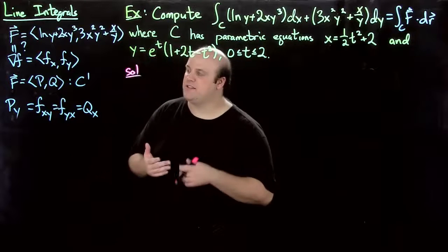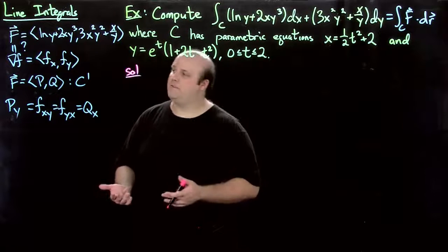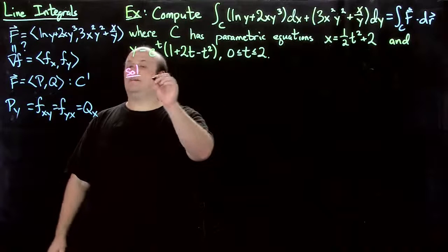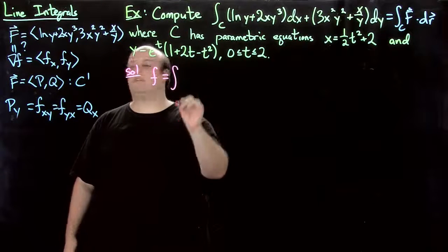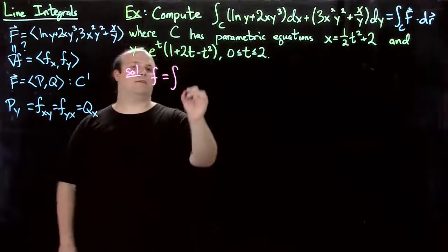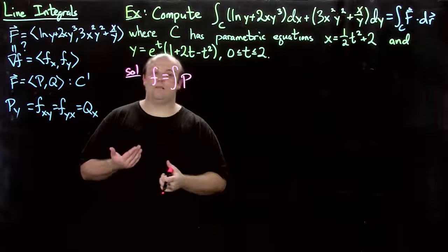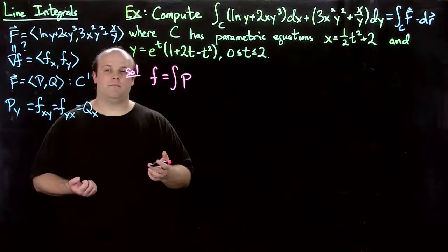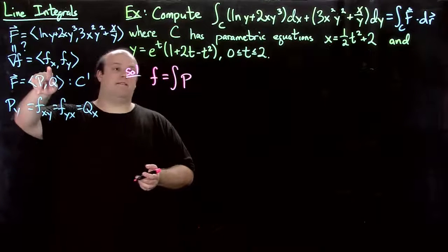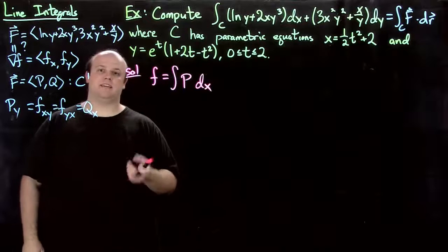Okay? If it's not conservative, what we're about to do is going to break somewhere. But let's see what happens. Right? So assuming it is conservative, then let's say we integrate P to try and find f. Right? Then what variable do we need to integrate P with respect to? Well, P should be fx, so I should be integrating it with respect to x to get f back.